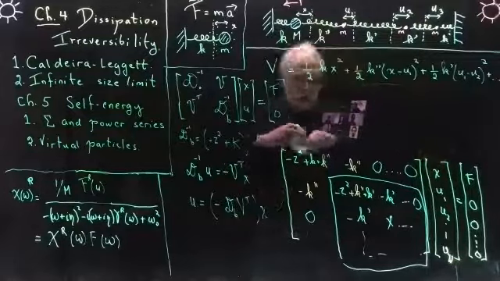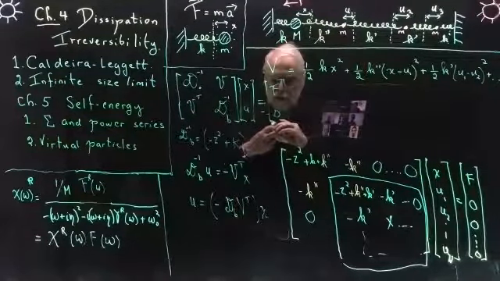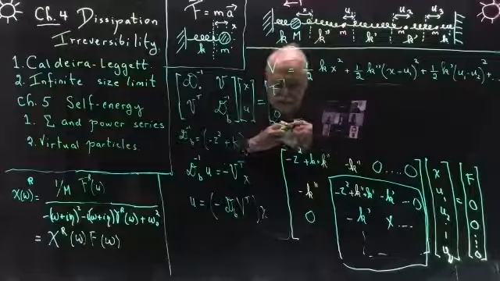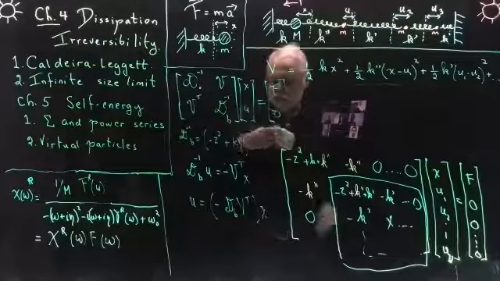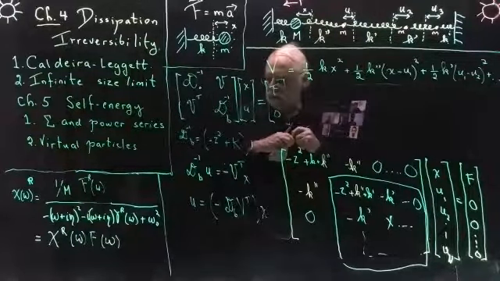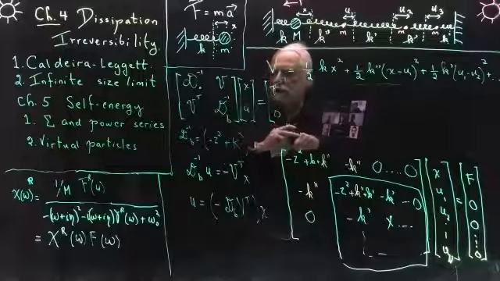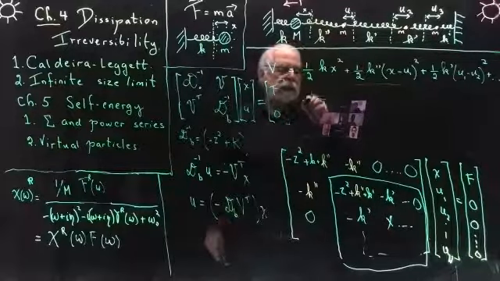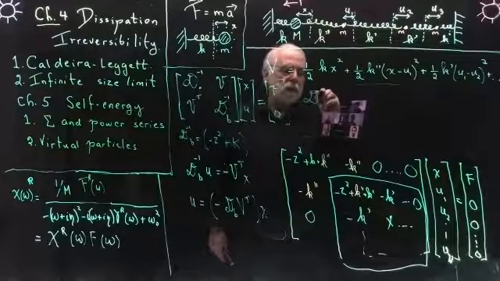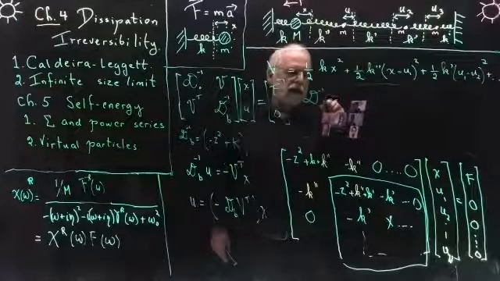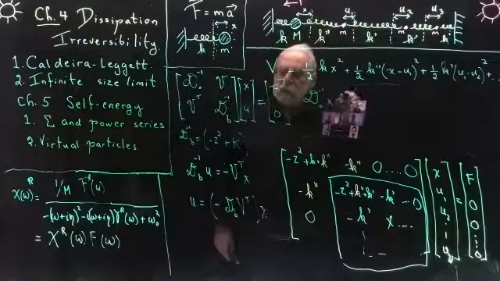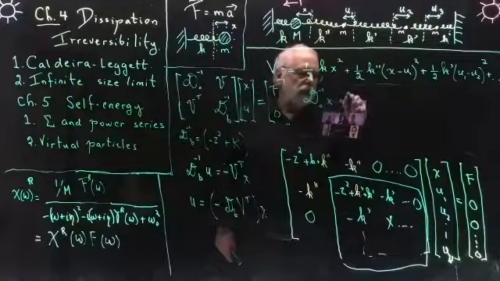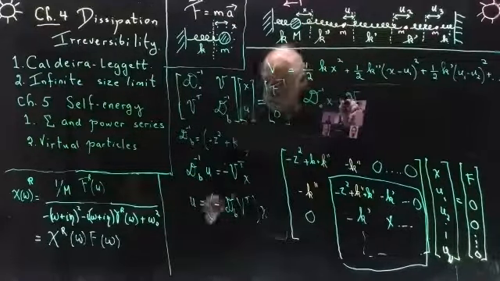We get that D0 minus 1 X plus V times U, and U is this.